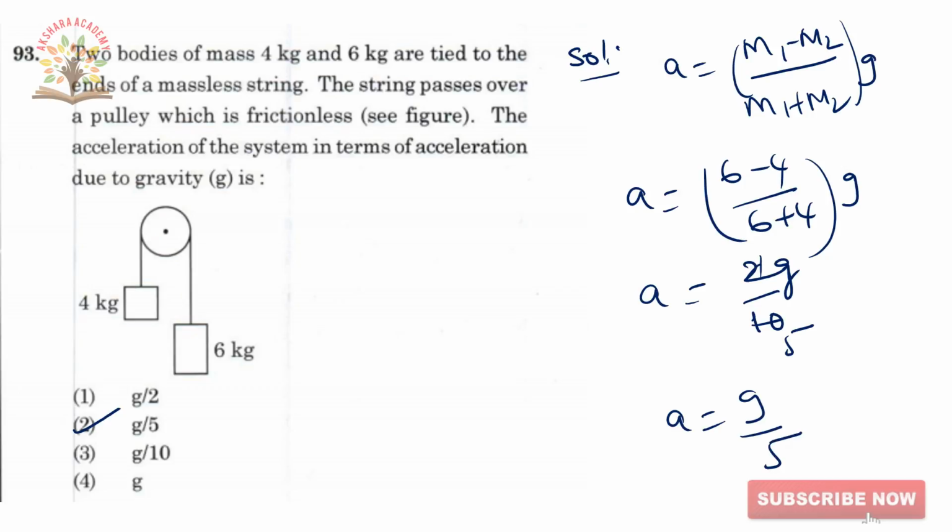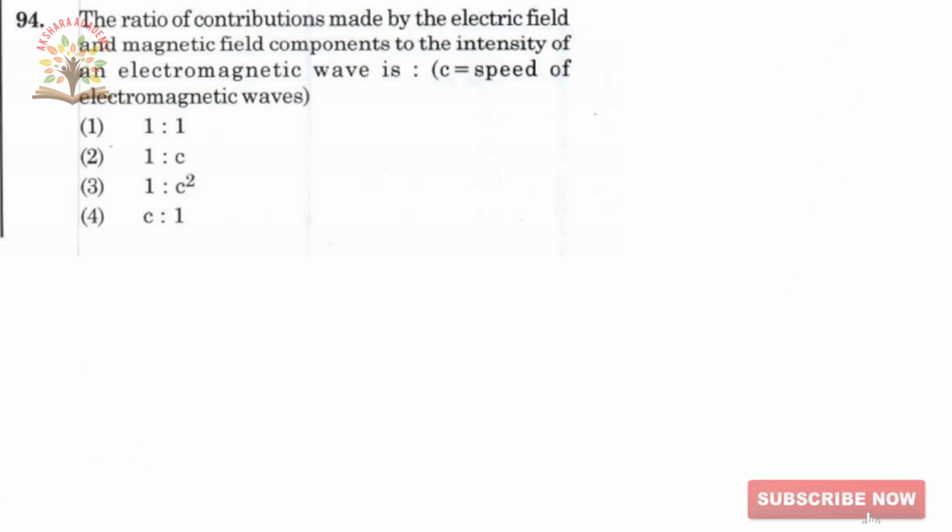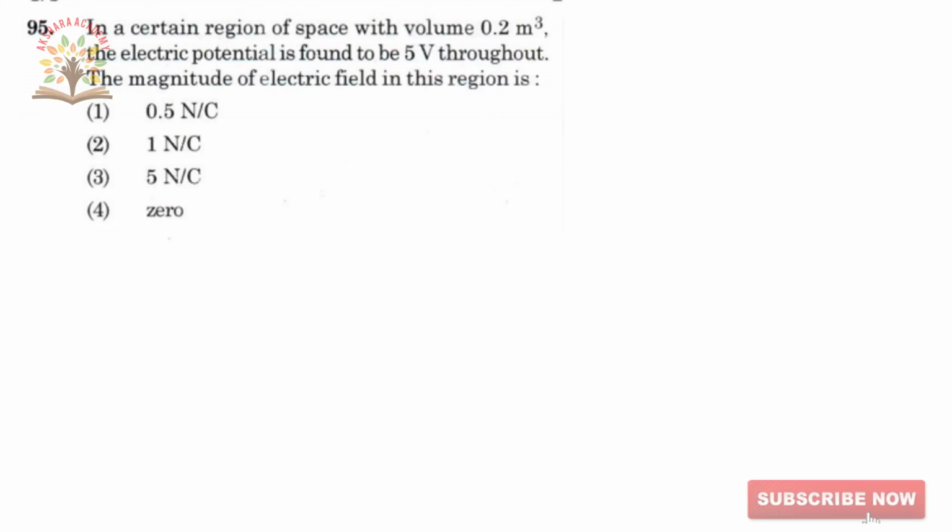Next go to the next question, question number 94. One is the answer, correct. So for question 94, option 1 is the correct answer. Okay, next go to question number 95. In this question they have given V is equal to 0.2 meter cube and V is equal to 5 volts.